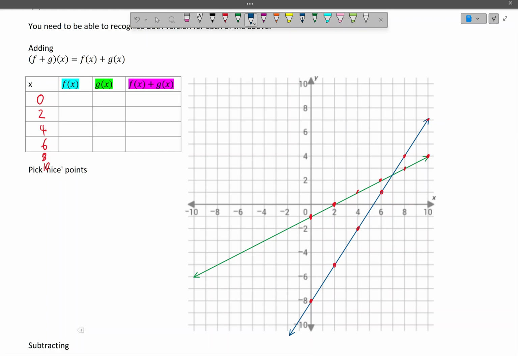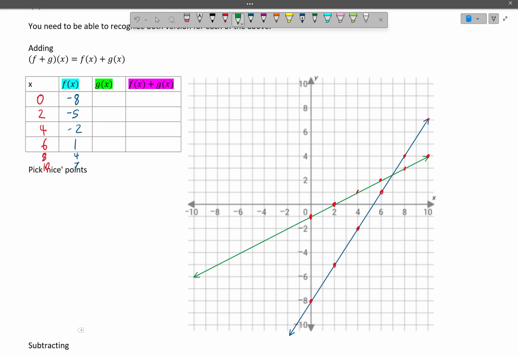So if we look, I did also try to color coordinate it. The blue line is the f of x function. And you can see that my first value is at -8. My next value is at -5, -2, 1, 4, and 7.